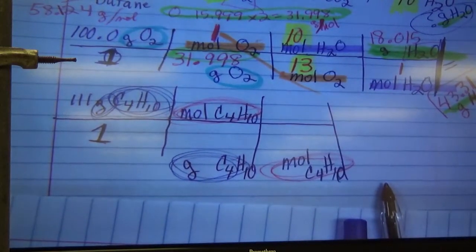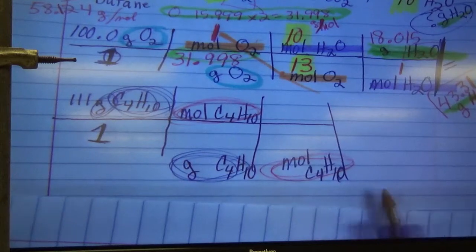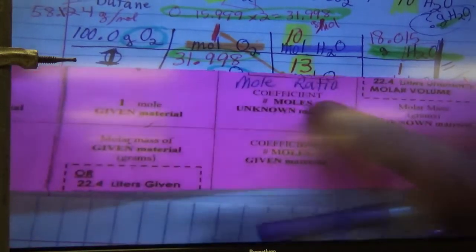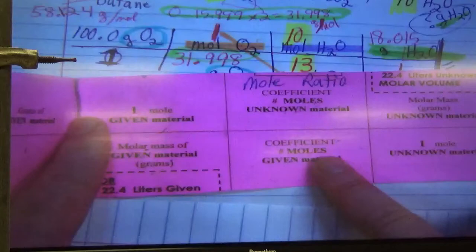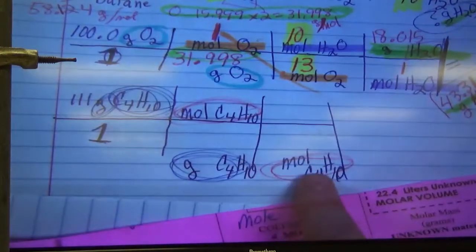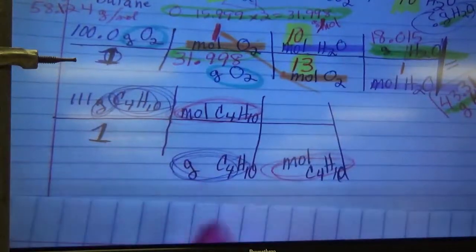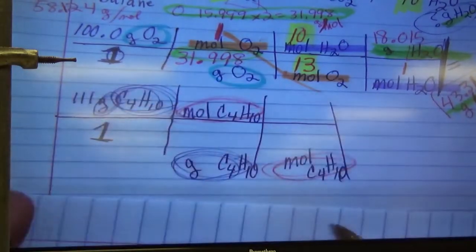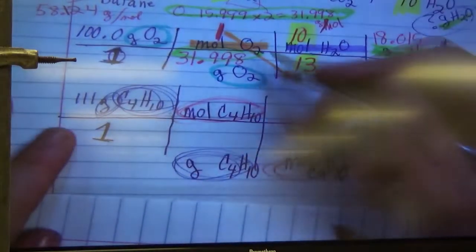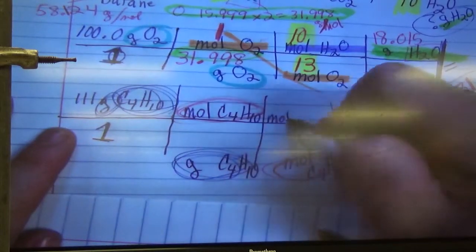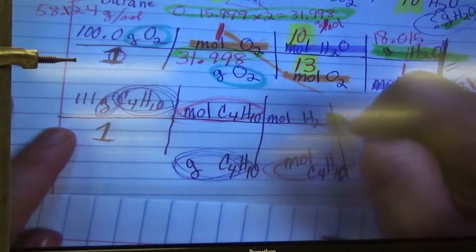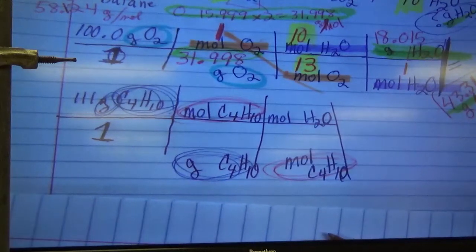What do we want on top now? Moles of unknown on top, right? We have moles of given, the C4H10, we have that on the bottom. Now we want moles of, what was the unknown? Water. Right, because water was in the question. So moles H2O goes on top because it is the unknown. Any questions?